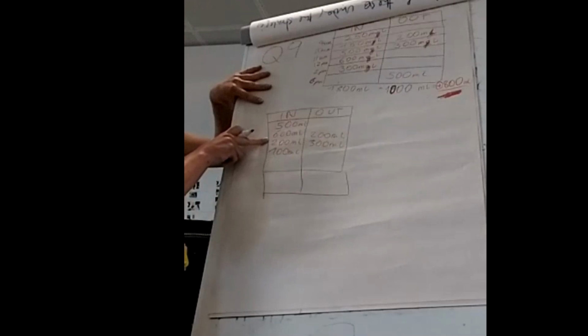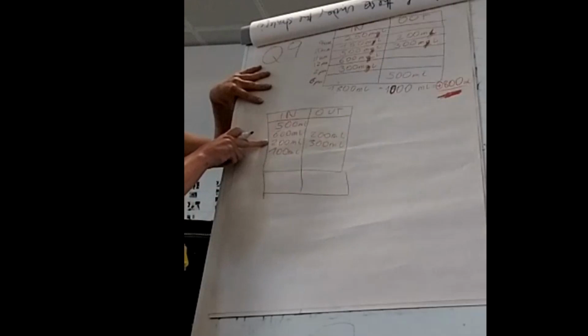But now minus 100 and minus 200, and then we'll see 600, 500, 400. Plus or minus? Plus 300. Yes, it's 300 plus.